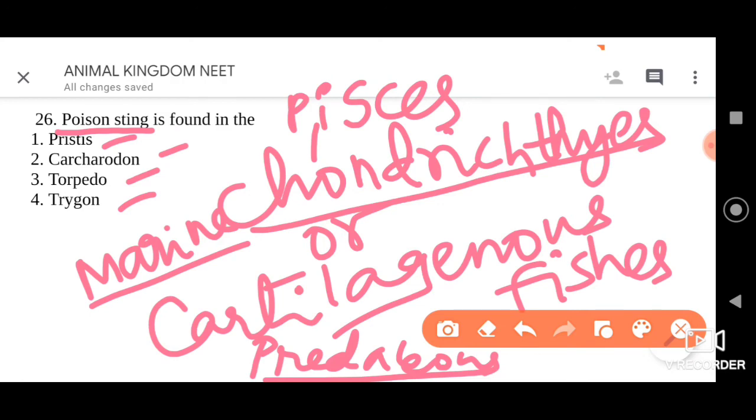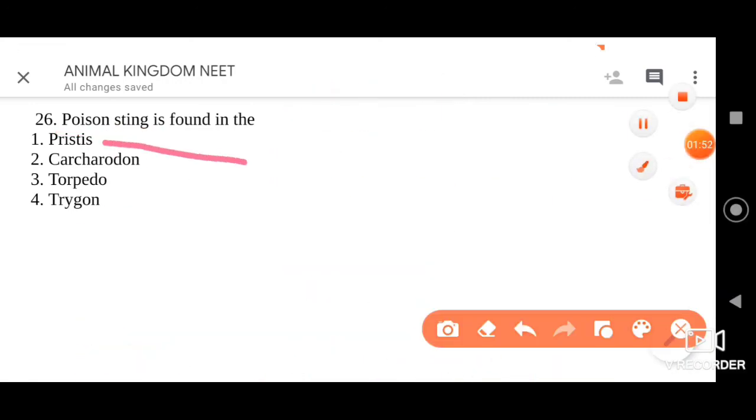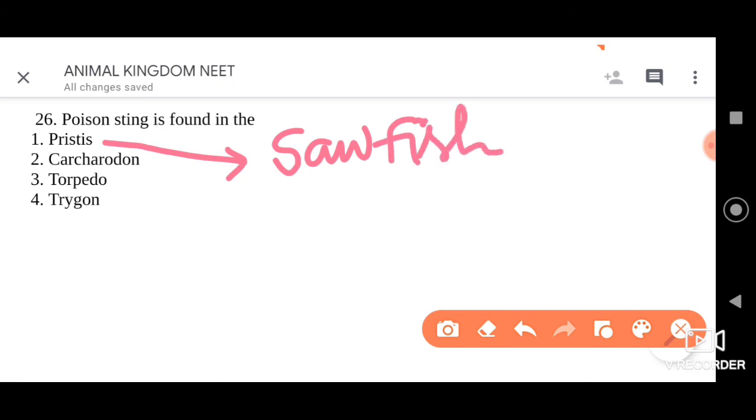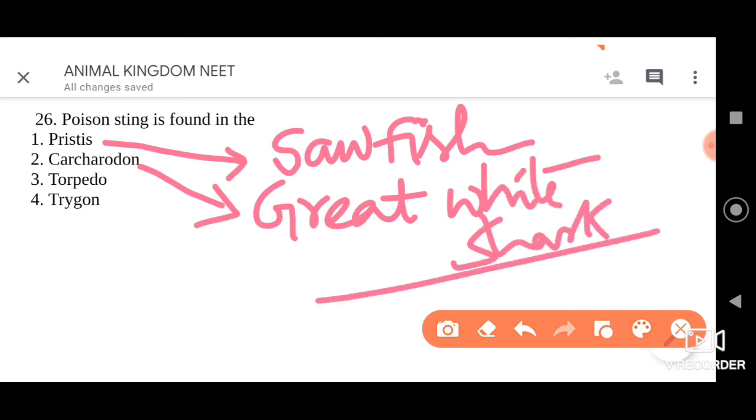Now let us understand each fish which is given. First, Pristis. The common name of Pristis is sawfish. This is one important aspect. Now secondly, Carcharodon is great white shark. I am sorry, these are the common names.